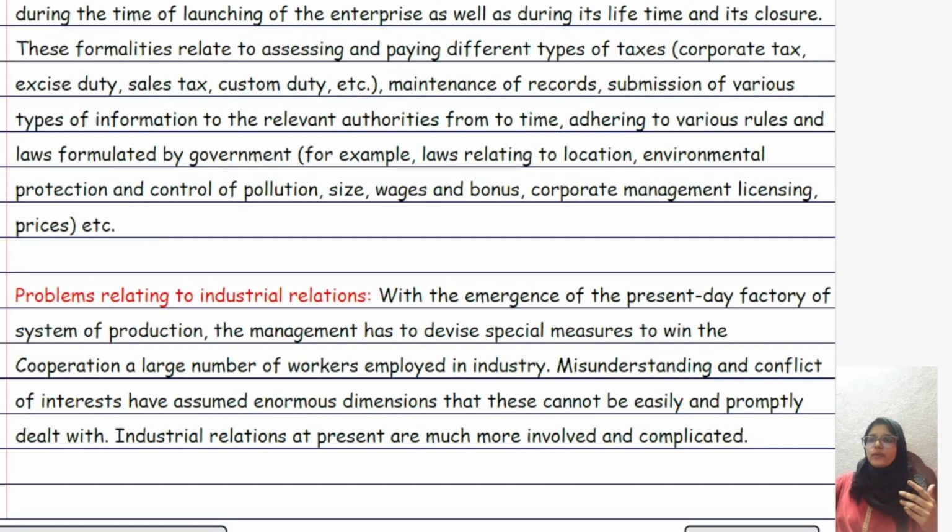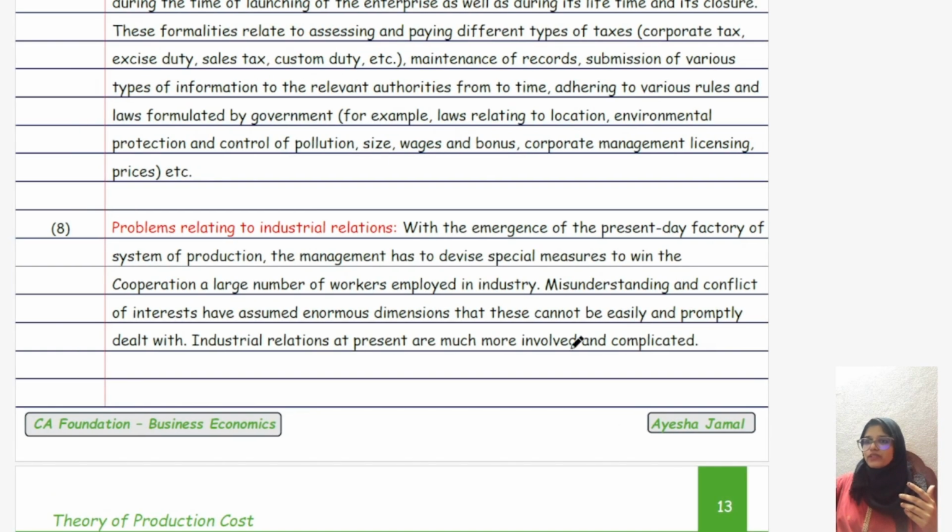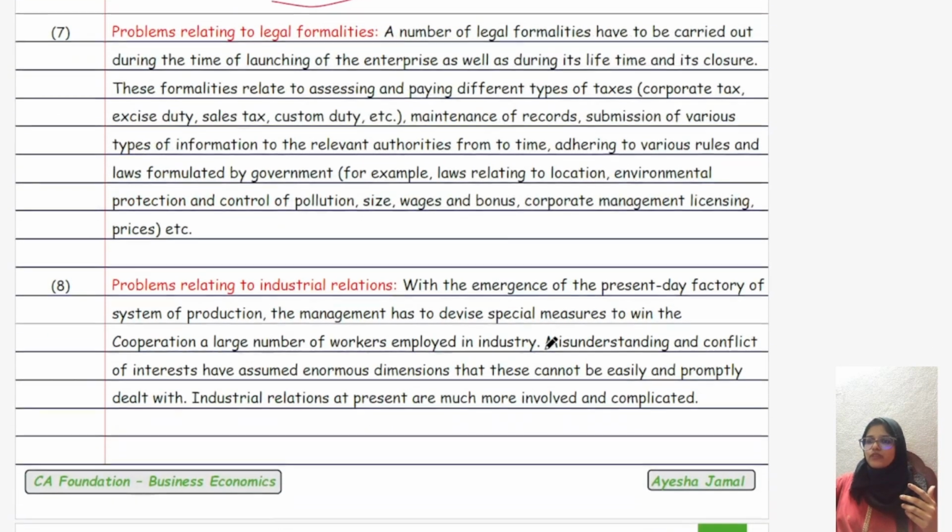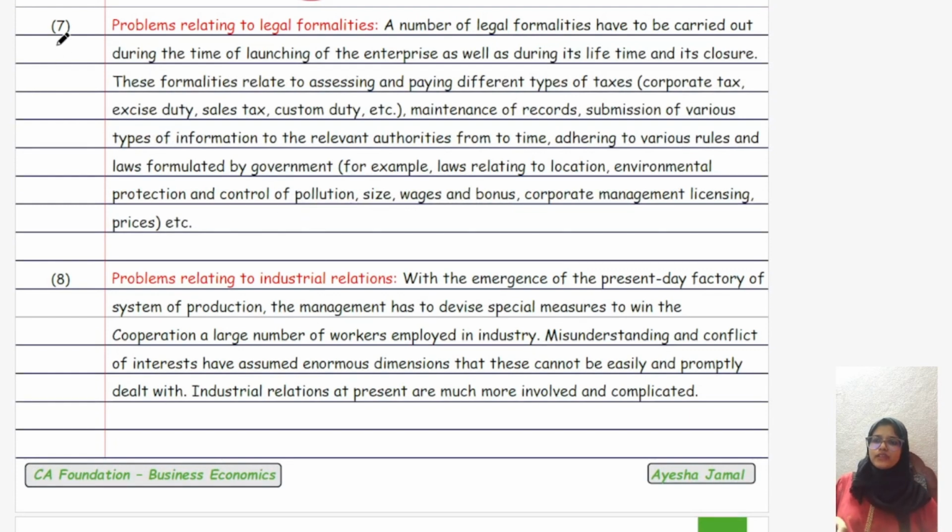And we have problems relating to legal formalities. What is that? Problems relating to legal formalities. Today's world is very complex actually. Even if some one small thing happens, the other person can go to the court and sue you.